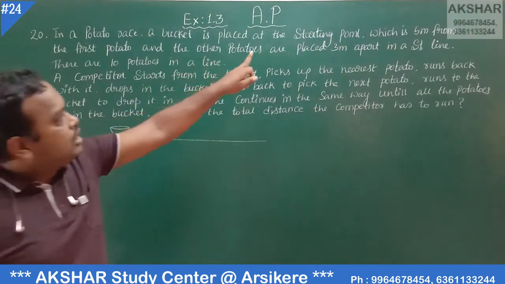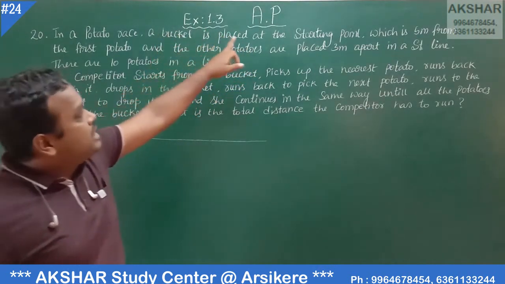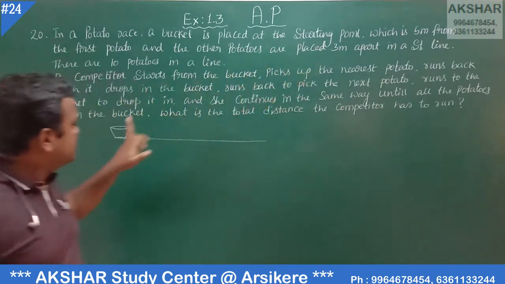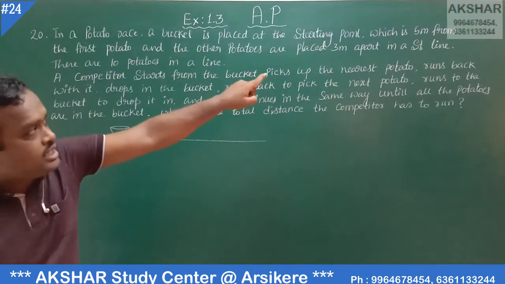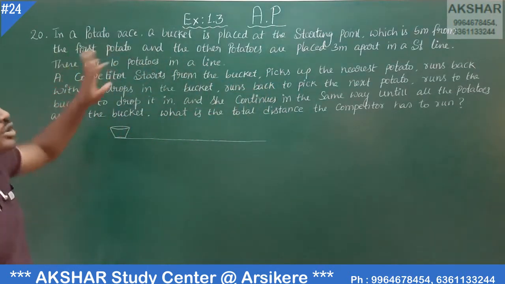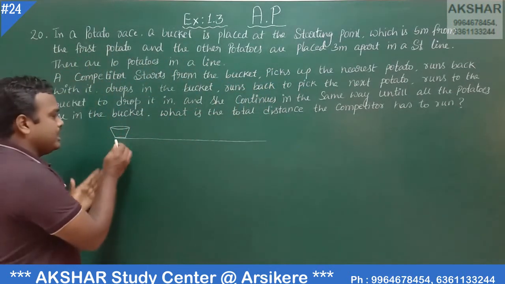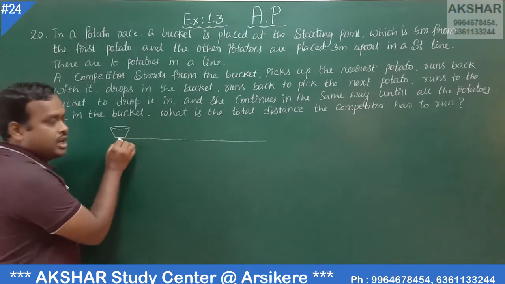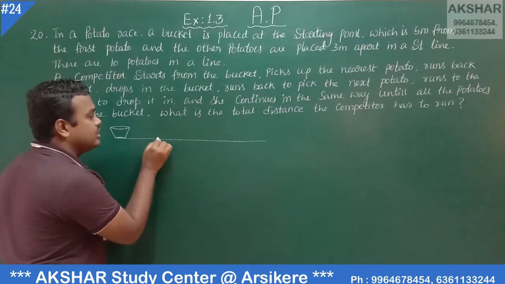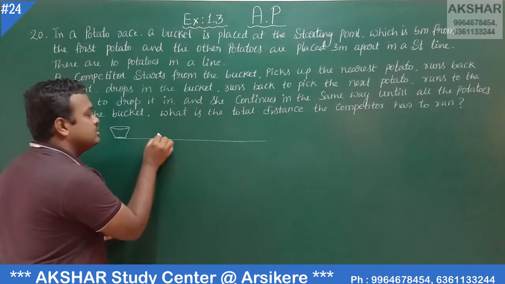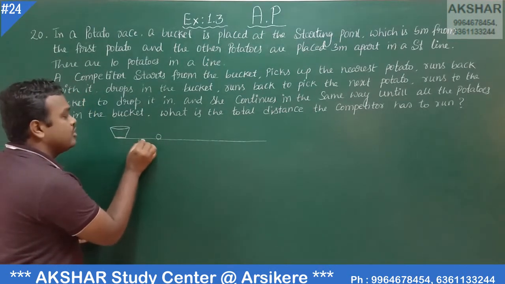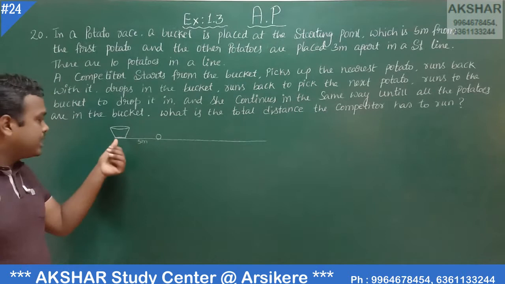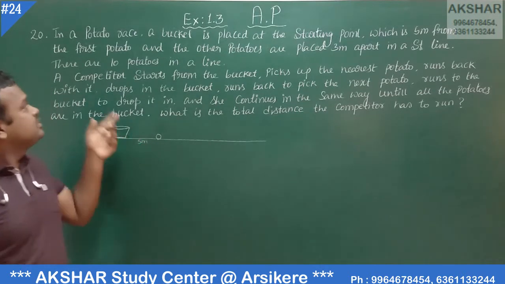See here, the bucket is placed at the starting point of the race, which means the bucket is 5 meters from the first potato. Here is the first potato. The distance is how much? 5 meters from the bucket to the first potato.